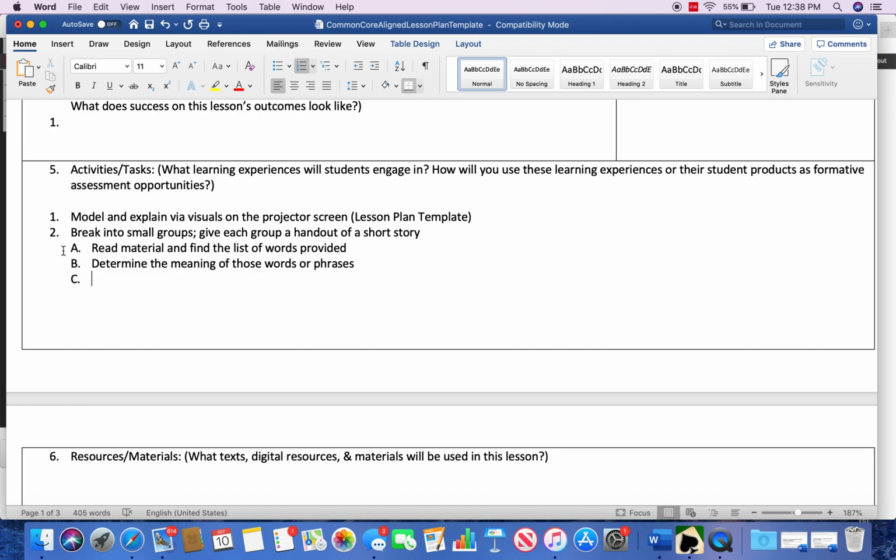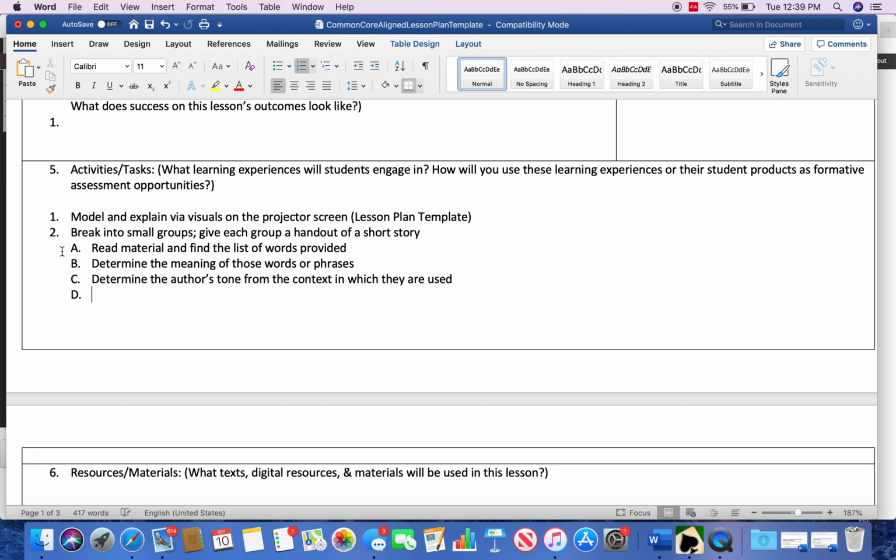And then they're going to determine the author's tone from the text, or use the context in which they are used. That means they're going to have to decide the way the author used that phrase in this paragraph. He was having an angry tone, or some kind of tone. So they will have to list that.